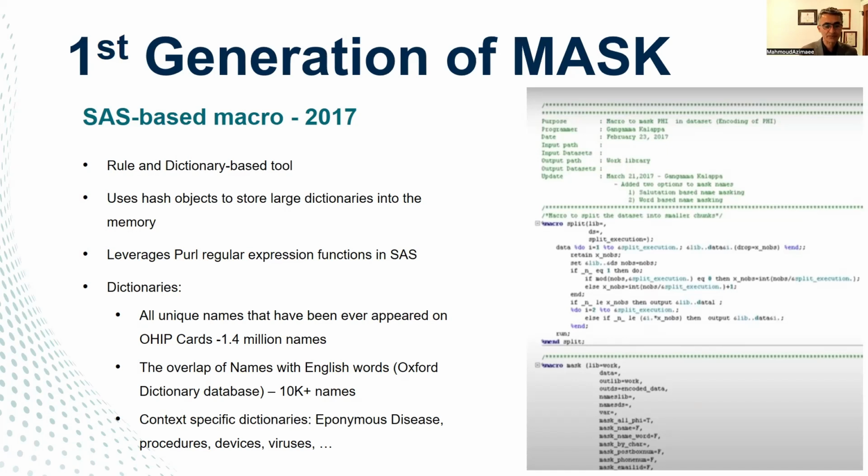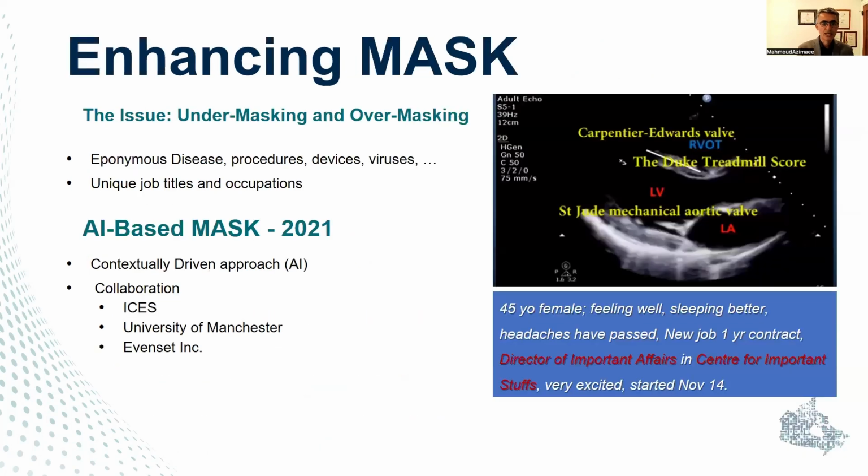Next slide, please. So in order to enhance MASK, because of the issue that we encountered, which was undermasking or overmasking, you can see the same two examples: the rule-based and dictionary-based tool was not able to differentiate whether Edwards is a valve name or Edwards is a patient name.